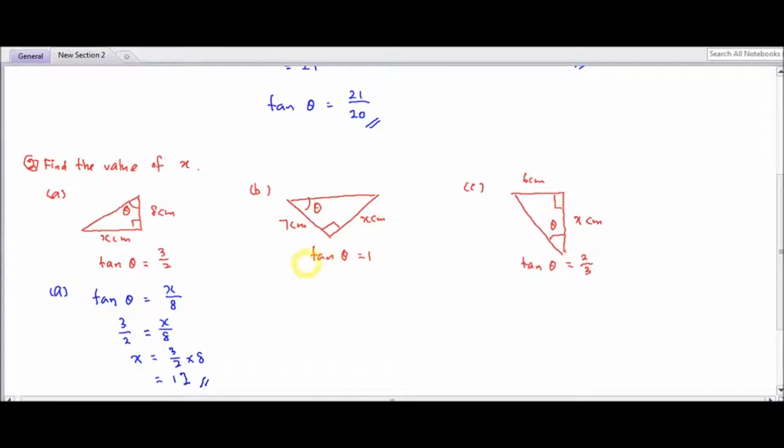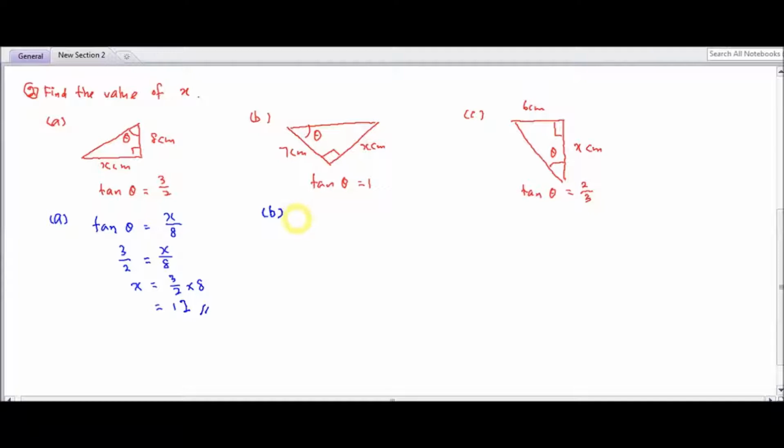Let's look at question part B. Tangent theta is equal to TOA, x over 7. And given by the question, tangent theta is equal to 1. 1 is equal to x over 7. So x will be equal to 7 multiplied by 1. You get 7.